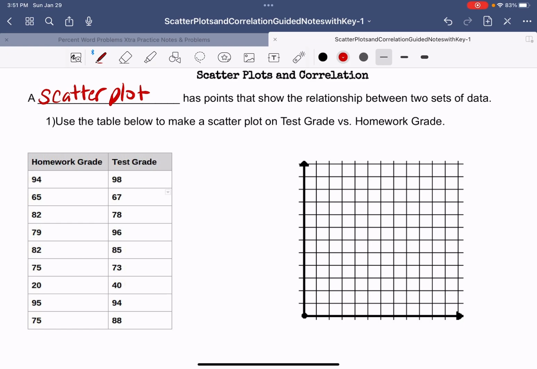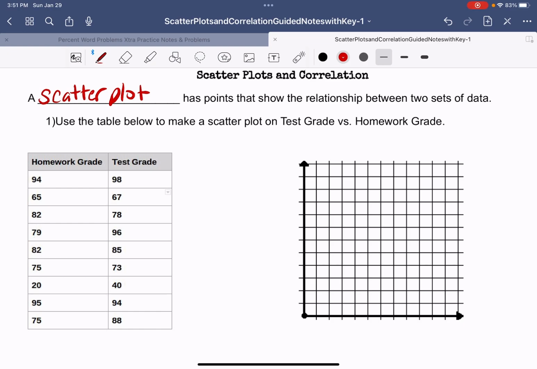Well, I would hypothesize, being a teacher and having seen many classes, and having gone through my own classes, that if you do your homework and you get a good homework grade, my guess is that you would probably get a good test grade. But let's actually find out according to this data.